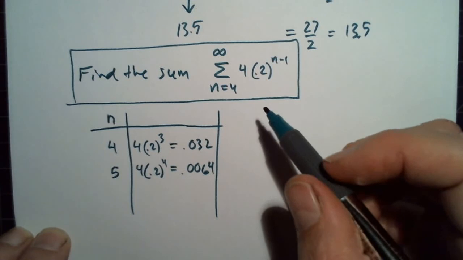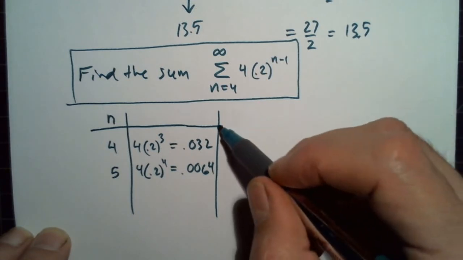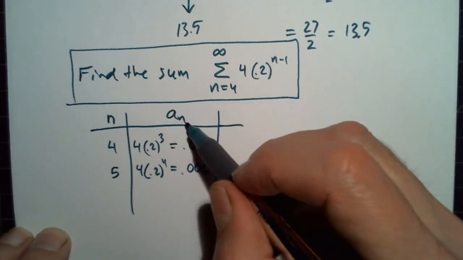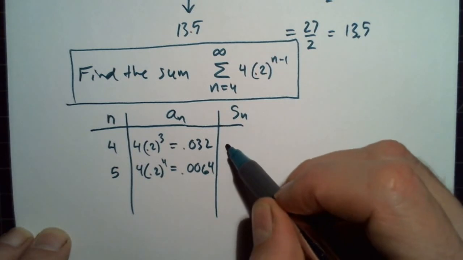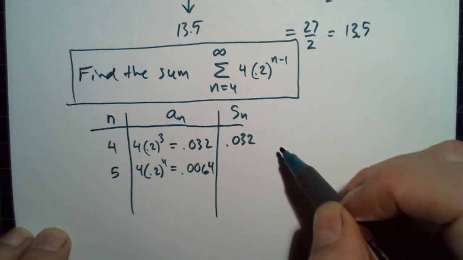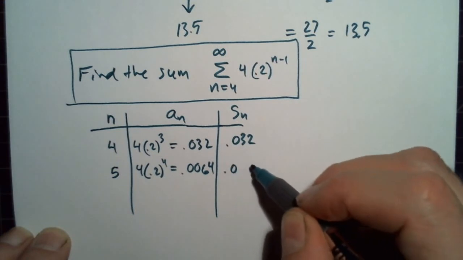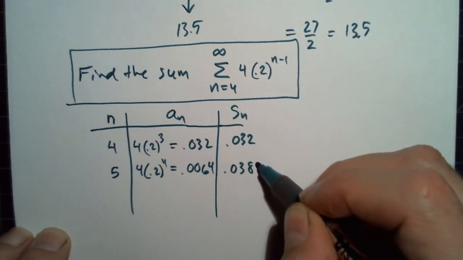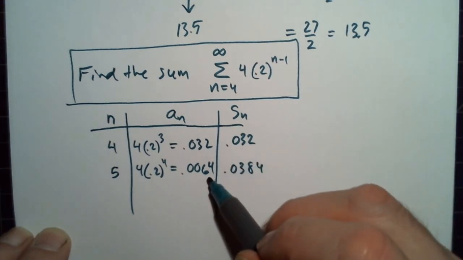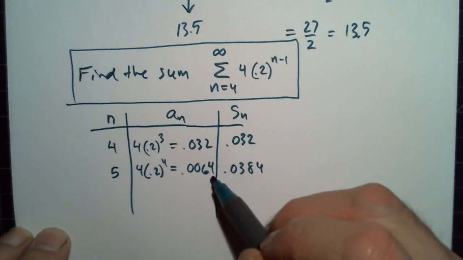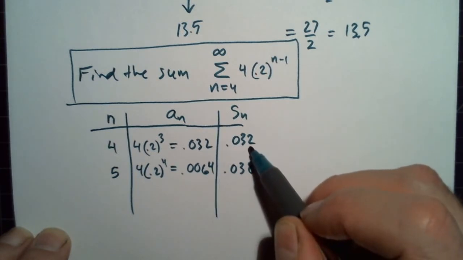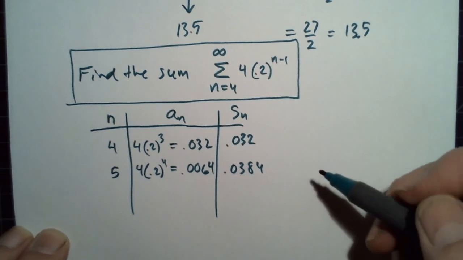Let's look at what's happening with the sum. Sn is 0.032, and then we'll get 0.0384. For the next part of the sum, put a 6 there, and we get an 8 and a 4.